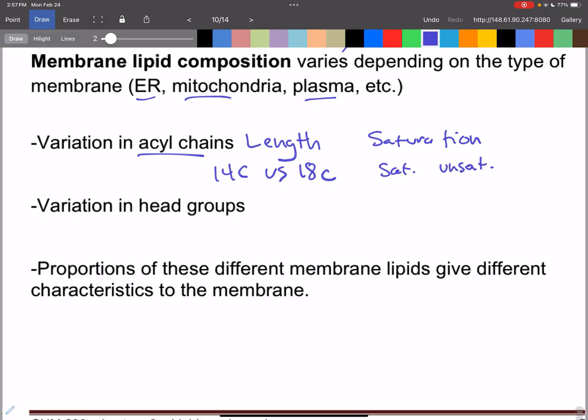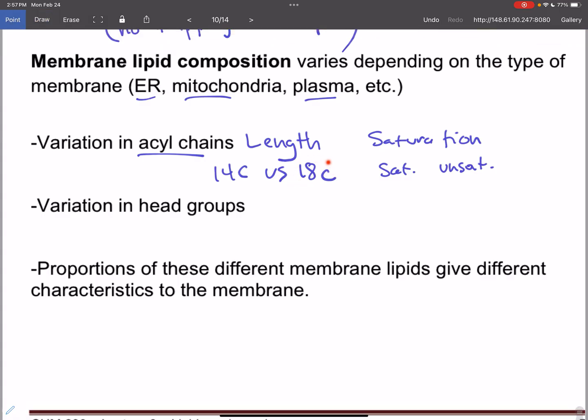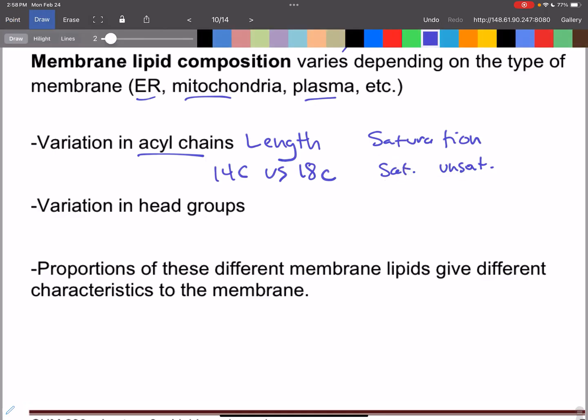So you can vary that. And that will certainly change some physical properties, right? Longer carbon chains have stronger intermolecular forces, and that will actually change the viscosity of the membrane. And if you have more saturated fatty acids, that's going to have stronger IMFs than the unsaturated ones. Okay? So you can change the acyl chains that are part of the membrane.